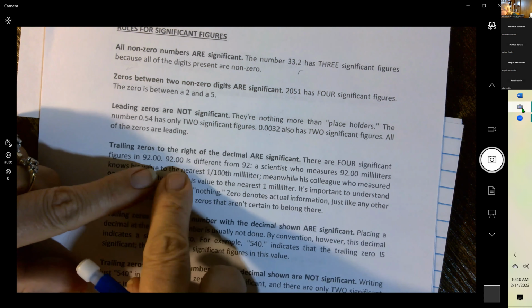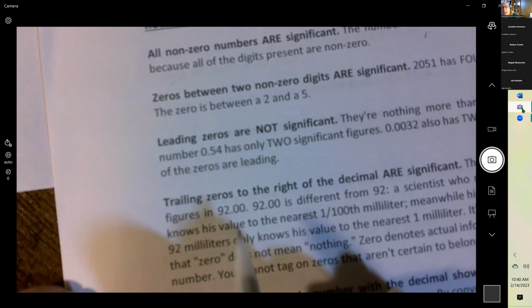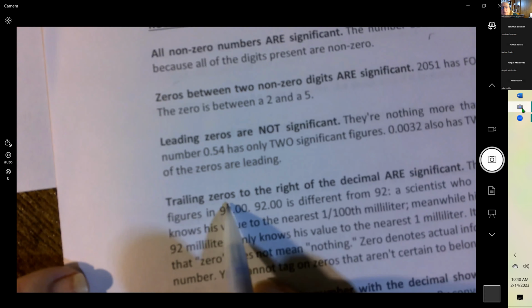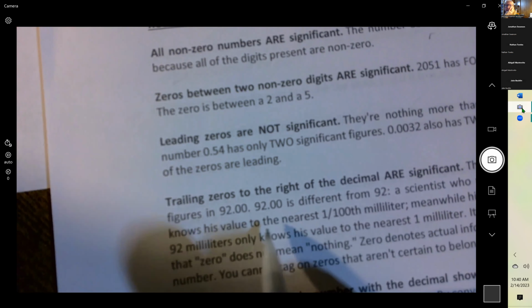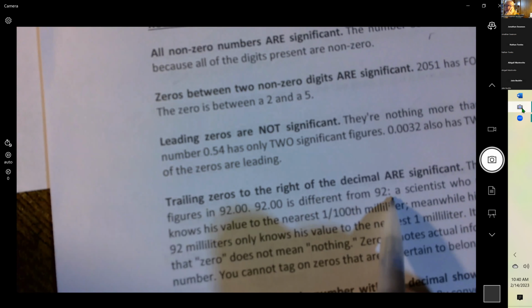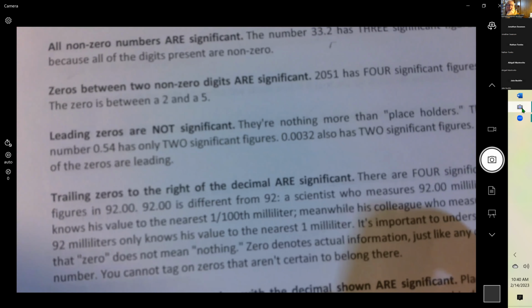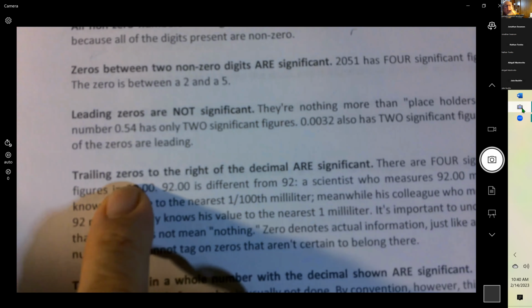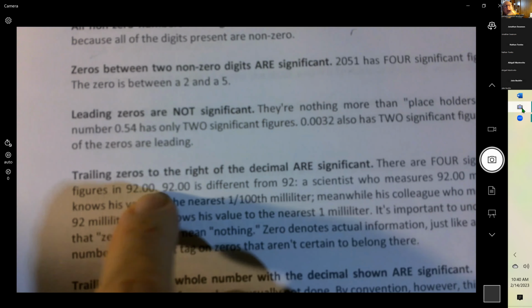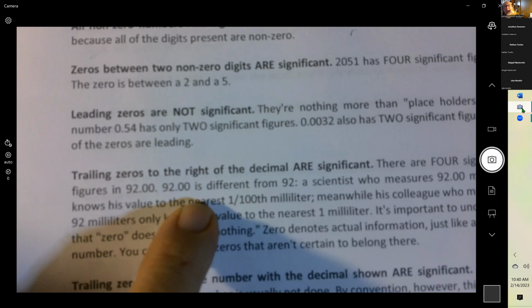Afterwards, you notice this one has a decimal. This is different from 92. There are 4, yeah. This has 4 significant digits because it's after the decimal. Normally, we wouldn't put zeros after a decimal. So since they are there, that's what it rounded.